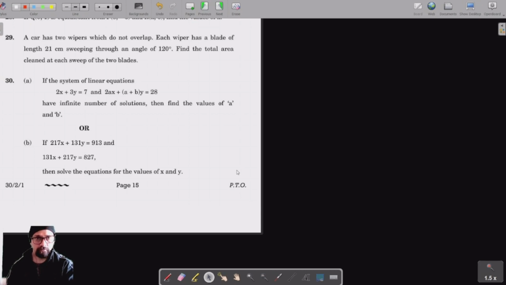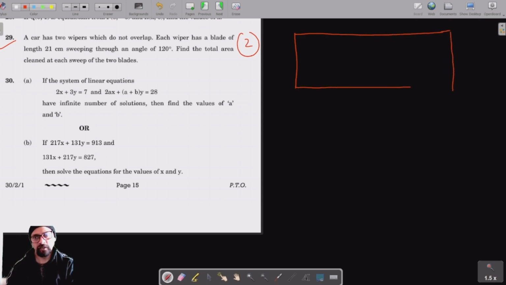For question number 29, it's given that a car has two wipers which do not overlap. So let's say this is the front mirror of the car. Now it has two wipers which do not overlap, and the length of the blade of each wiper is 21 centimeters. They make an angle of 120 degrees when they clean up the area.